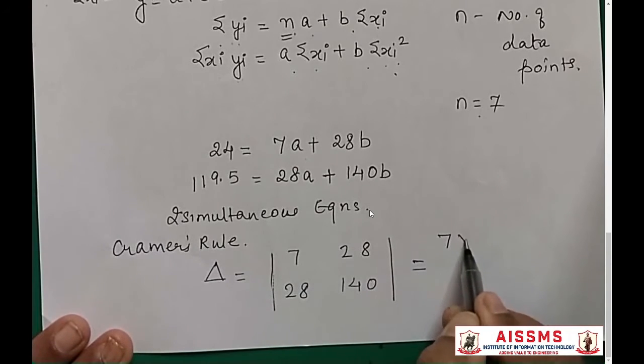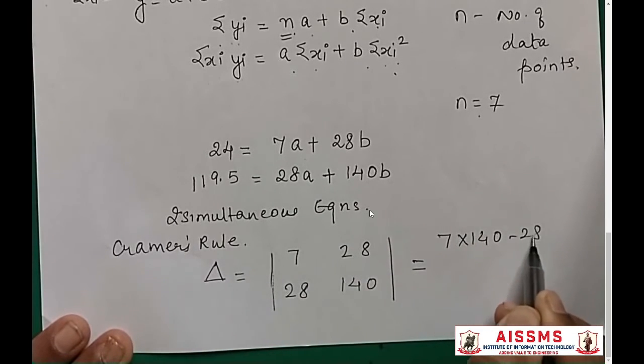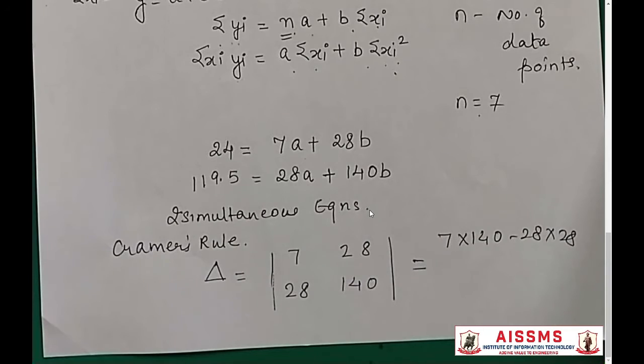So delta is 7 into 140 minus 28 into 28, which comes out to be 196.